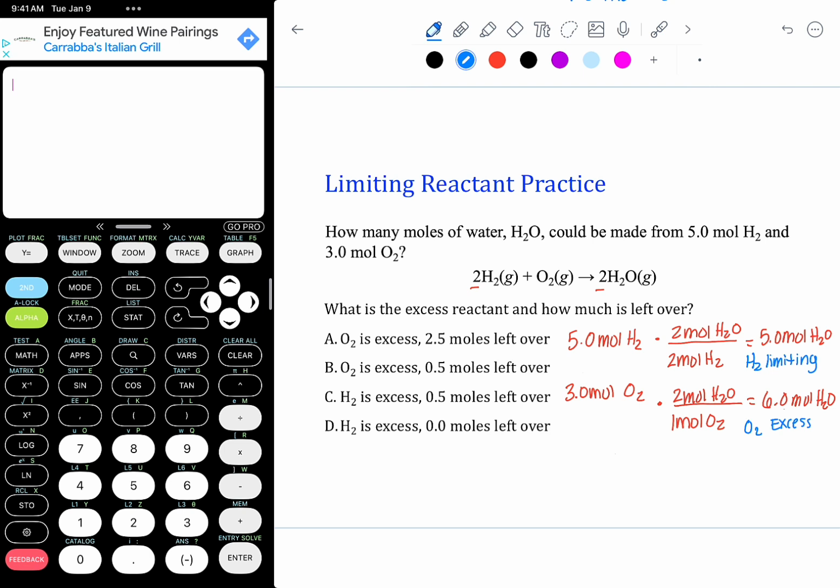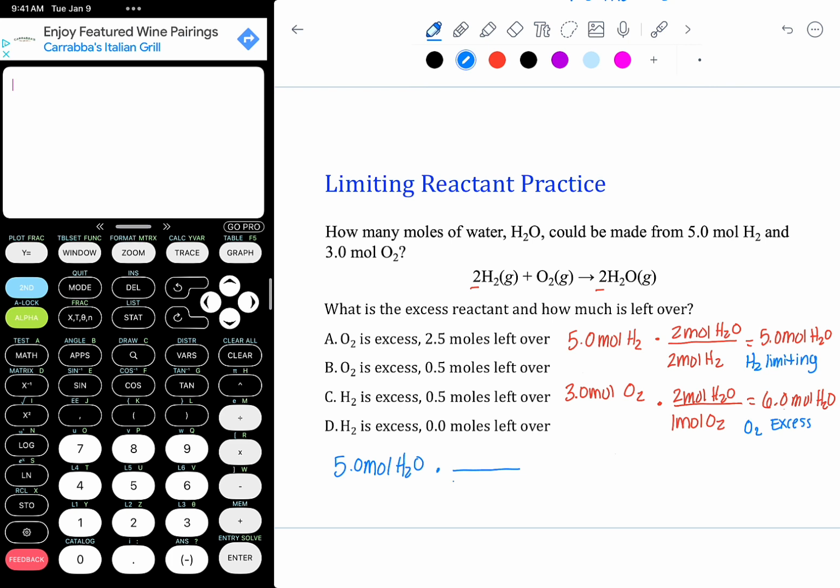All 5 moles of that hydrogen were used up to create those 5 moles of water. But not all 3 moles of oxygen were used up to create those 5 moles of water. So I want to determine how much is left over. We start with our lesser amount of product, our 5 moles of water, and we convert it back to our excess reactant, because that's going to tell us how much we actually used of that excess reactant.